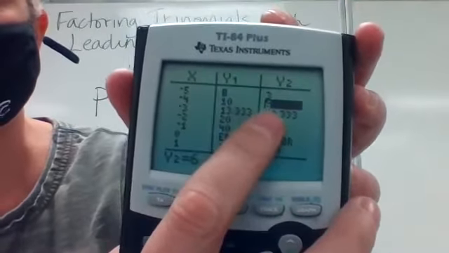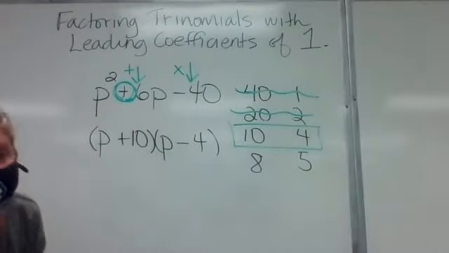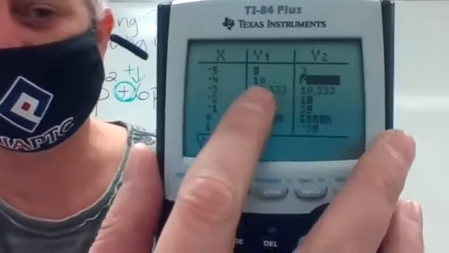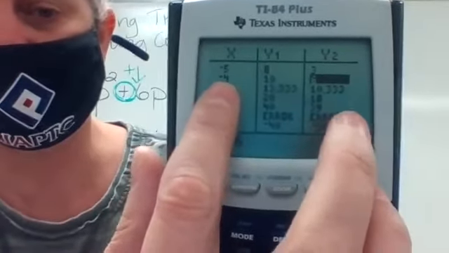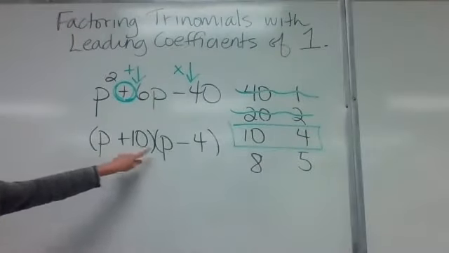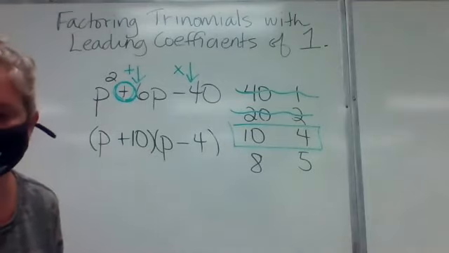So once you find the positive 6 in that last column, then look what the first two columns are. Positive 10, negative 4. Look what my answer needed. A positive 10 and a negative 4. Let's practice this some more.